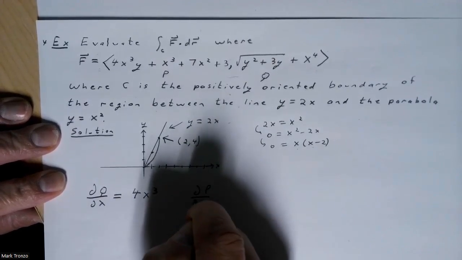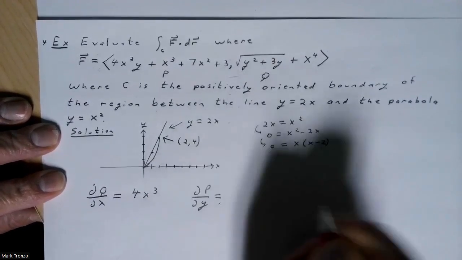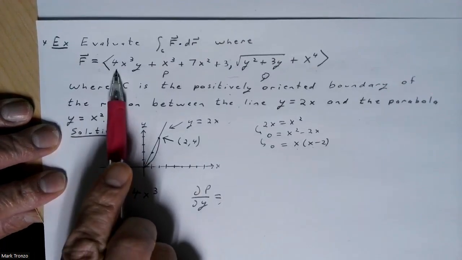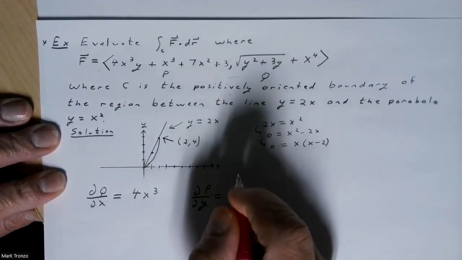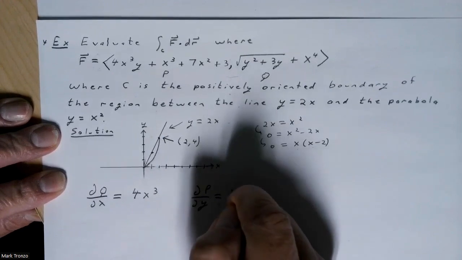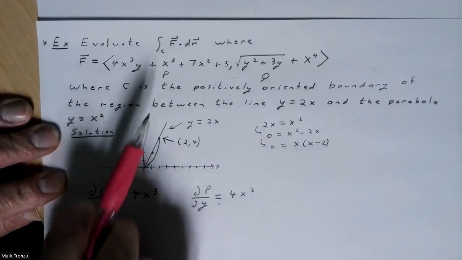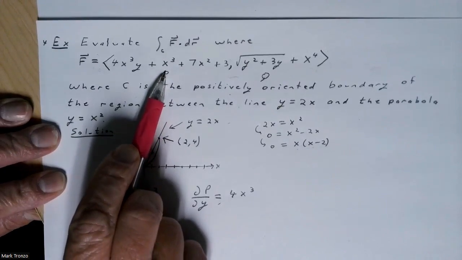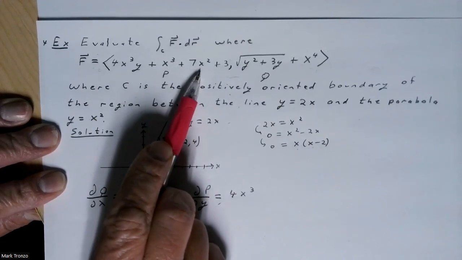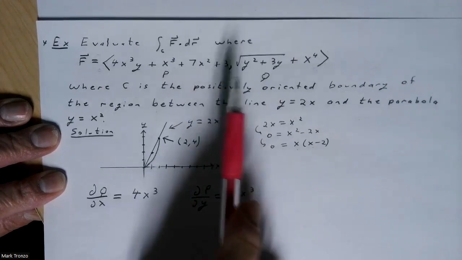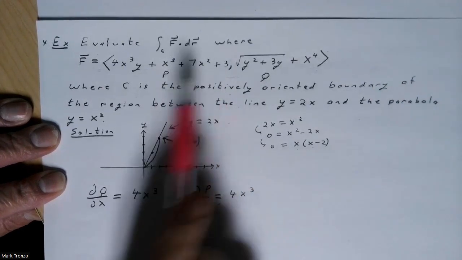And dP dy, the derivative of this, that's going to be 0. This is going to be 0 because there are no y's in either of these.